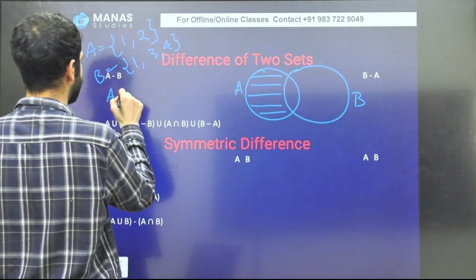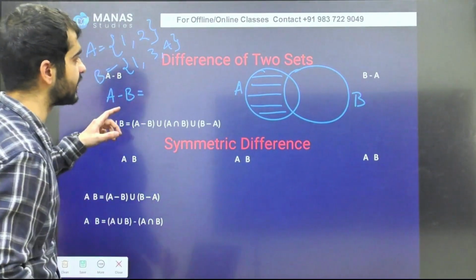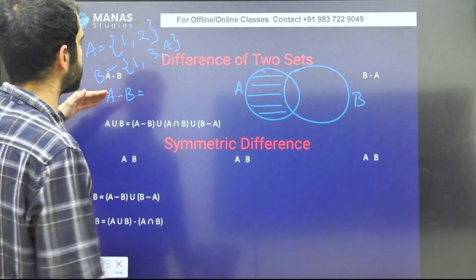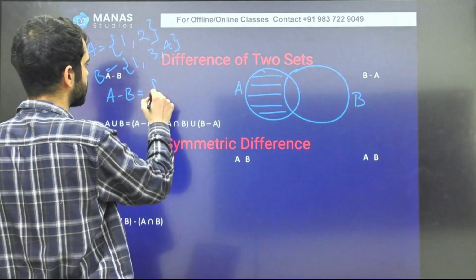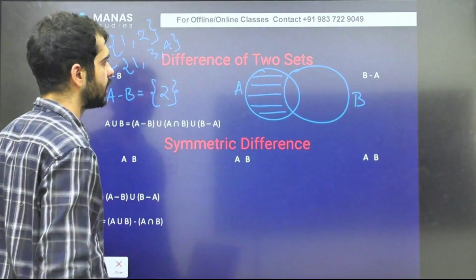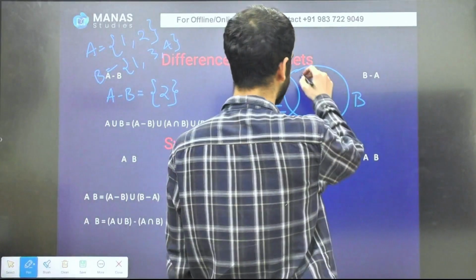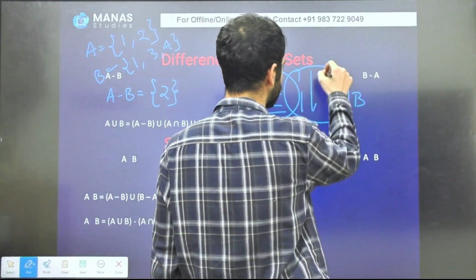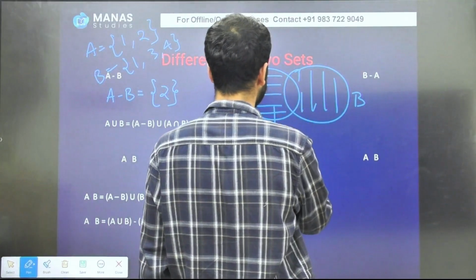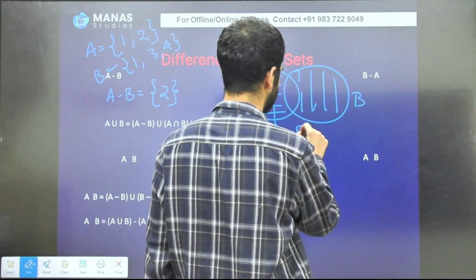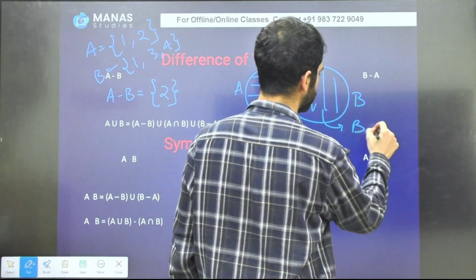So A minus B would contain the elements in A which are not present in B. 1 is present but 2 is not present, so it will consist of 2. And B minus A would be all the elements that are present in B but are not present in A. This is A minus B and this is B minus A.